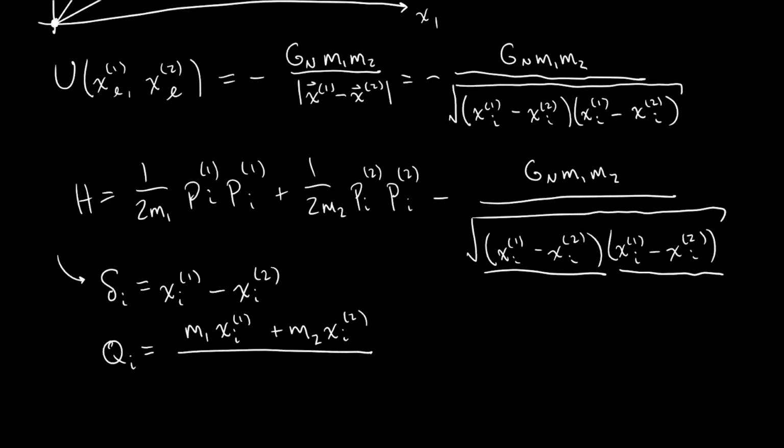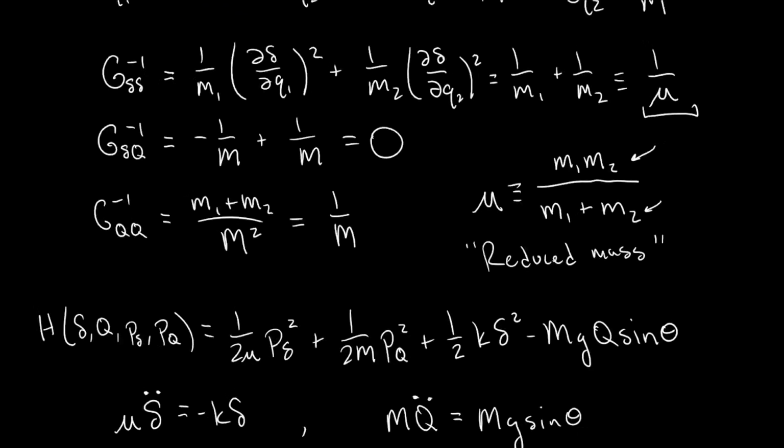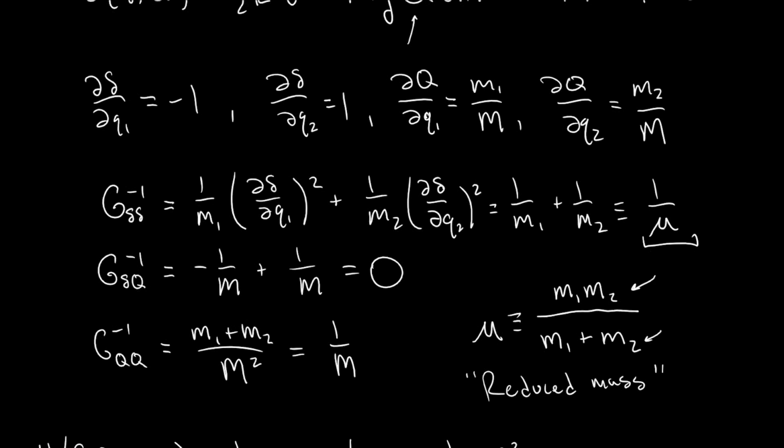Now, we don't have any indication of that from the form of the Hamiltonian, right? Because this guy here is not simplified by this, but actually we kind of do, because if you work out all of these components of the inverse of G, you'll find that specifically this guy, the derivatives of delta and capital Q interact in a way that if you choose something else, this will not be 0.